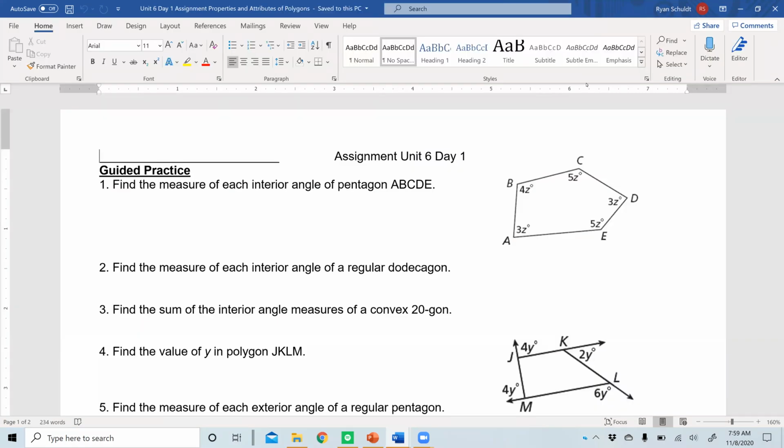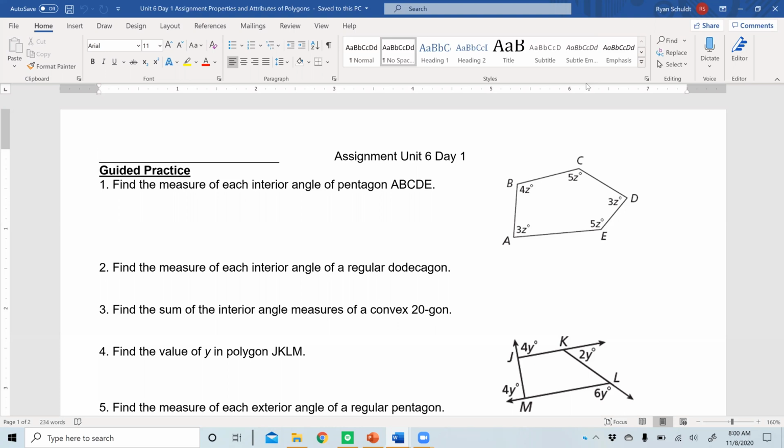Okay, now on to the guided practice. So the first one, they ask us to find the measure of each interior angle of the pentagon. Now, keep something in mind here. They ask us to actually find each angle.